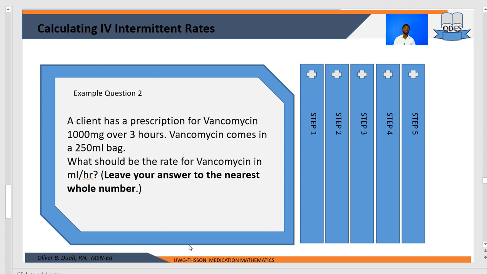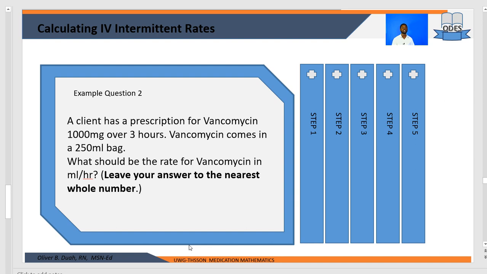Okay. Let's do some other examples to see if we can use this process or method to reach our final answer. A client has a prescription for vancomycin 1000 milligrams over 3 hours.